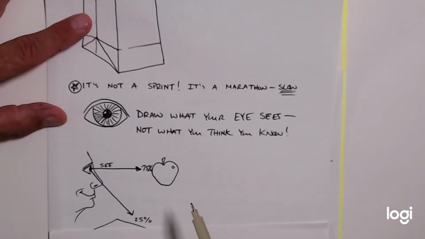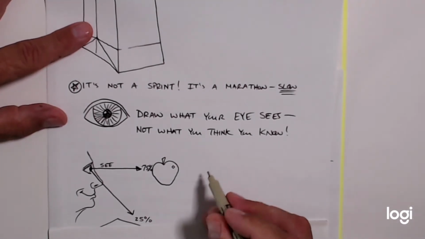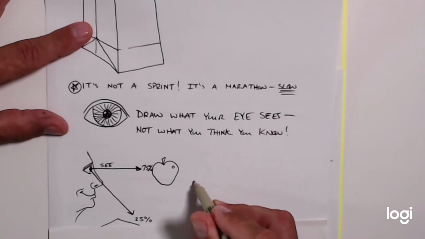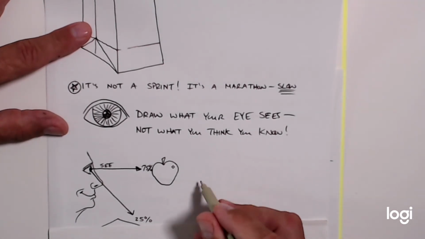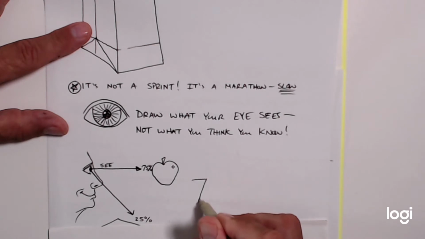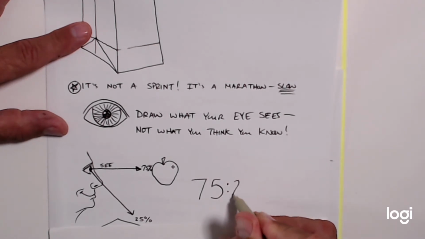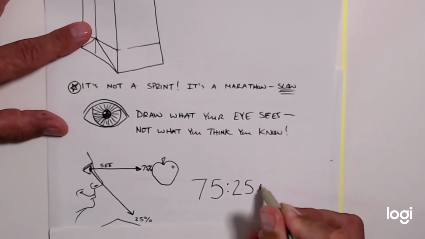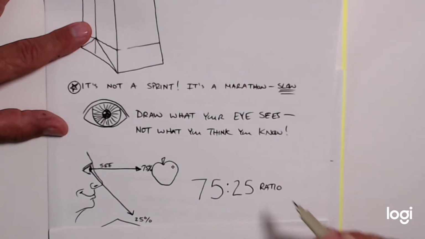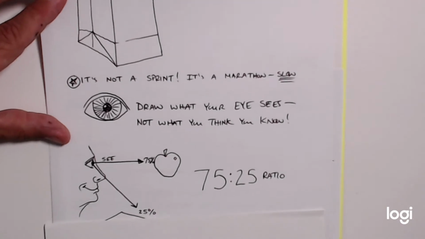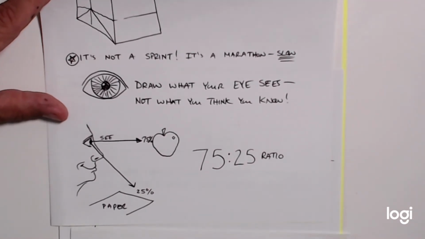All right, and a good thing to think about when we're talking about drawing what you see, just to be sure that you're really looking, you want to think about a 75-25 ratio. All right, no, it's not a math class, but we still have a little bit of an idea of ratio in here.